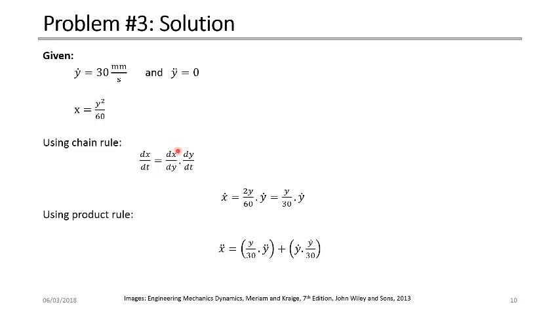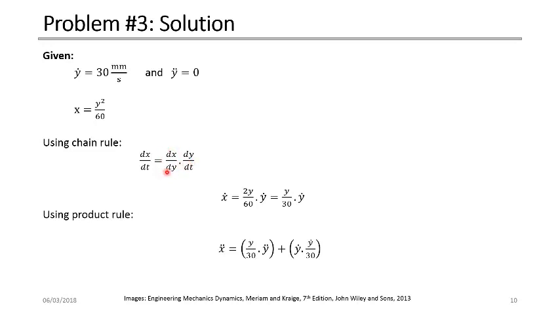We need to differentiate with respect to y first, and then we differentiate y with respect to t. So it's dx by dy multiplied by dy by dt. dy by dt is nothing but y dot. So x dot is equal to dx by dy multiplied by y dot.